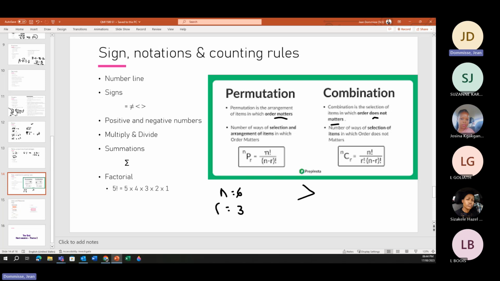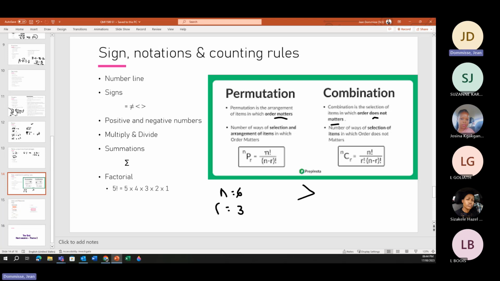So if they ask you for the permutation and the combination in the same question, always remember that the permutation answer will always be bigger.